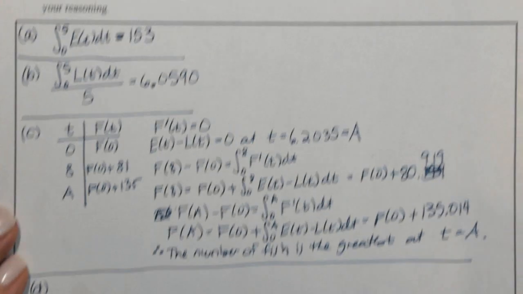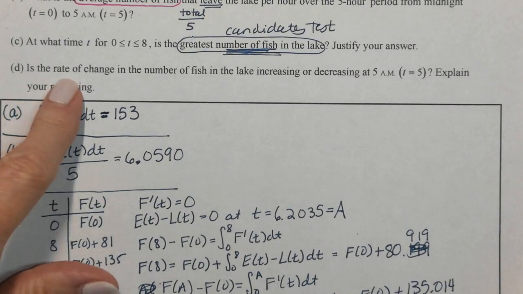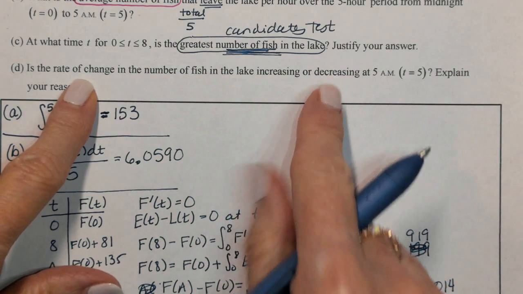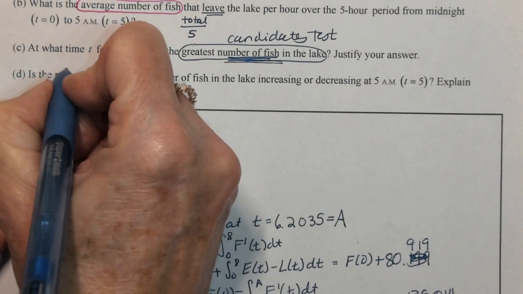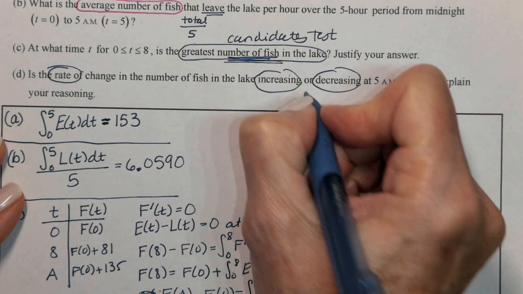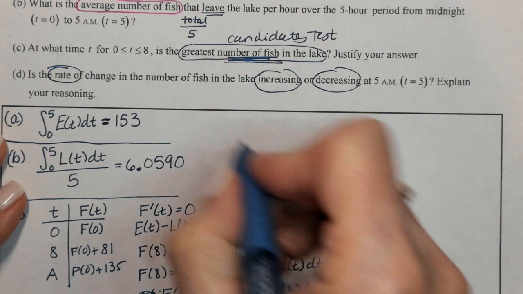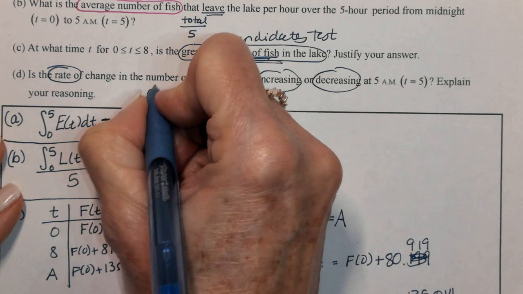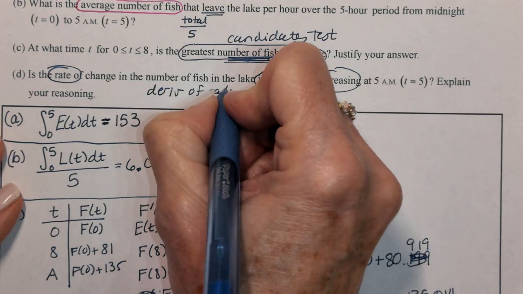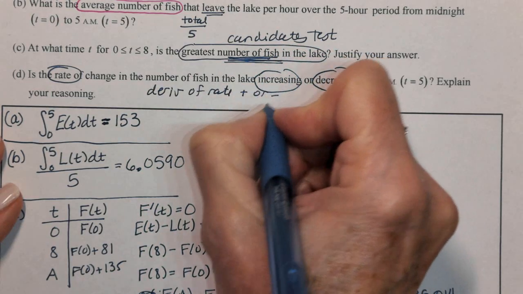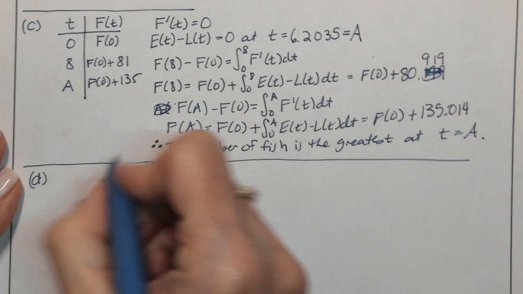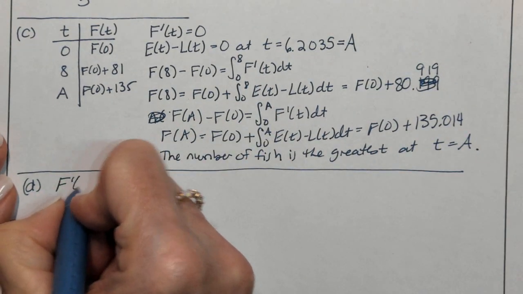Part D. Is the rate of change of the number of fish in the lake increasing or decreasing? Is the rate increasing or decreasing? So we want to know, is the derivative of the rate positive or negative? Okay, so the rate is f prime.